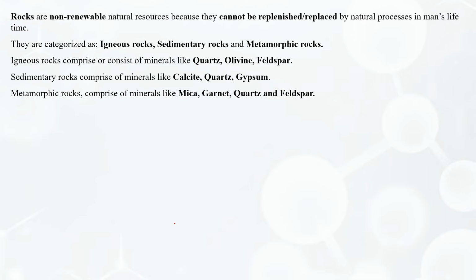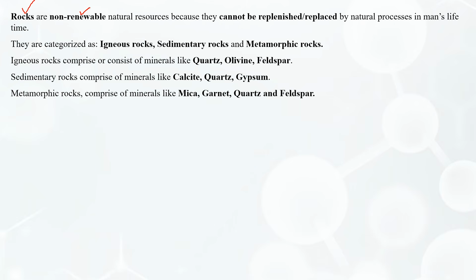Okay, let's look at the first paragraph. We said the first paragraph is talking about the natural resource you have identified. You categorize it, you give a reason and example. Then number 2 is to give the composition. Let's look at this. Here they are saying that rocks, and do you know that rocks is an example of natural resource we have identified, is a non-renewable.